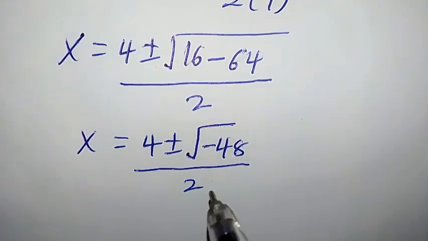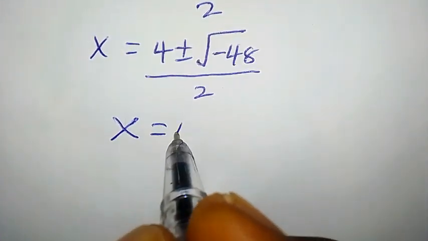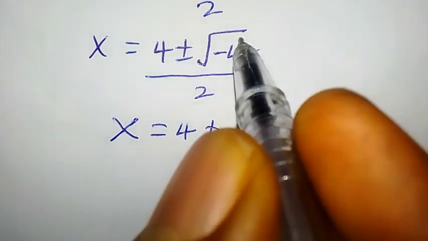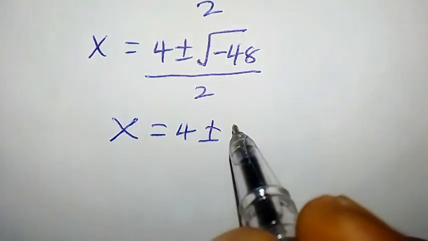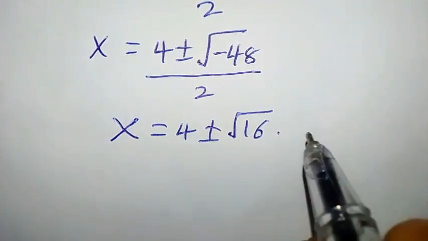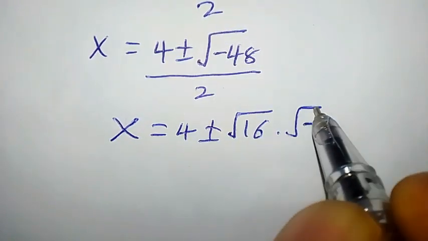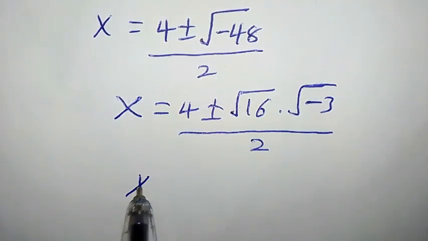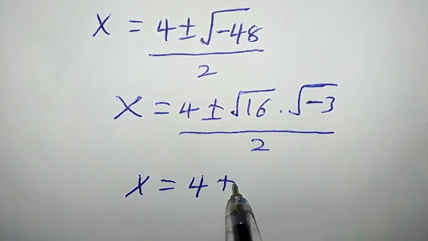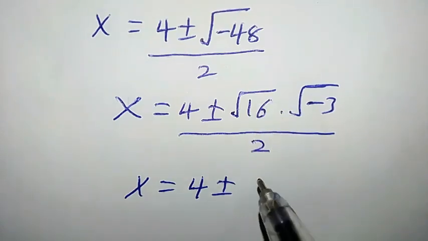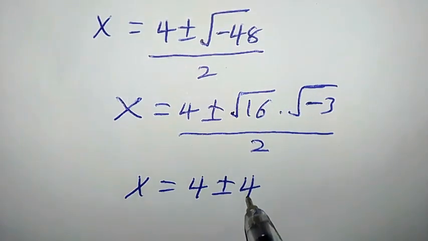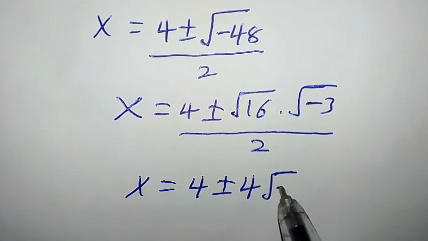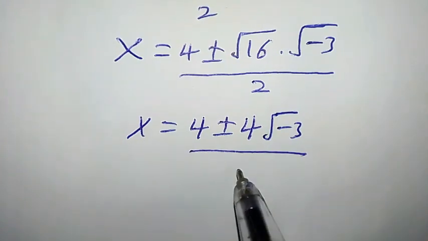x equals 4 plus or minus, we can write square root of negative 48 as square root of 16 times square root of negative 3, all over 2. So x equals 4 plus or minus, what is square root of 16? Square root of 16 is 4, times square root of negative 3, all over 2.